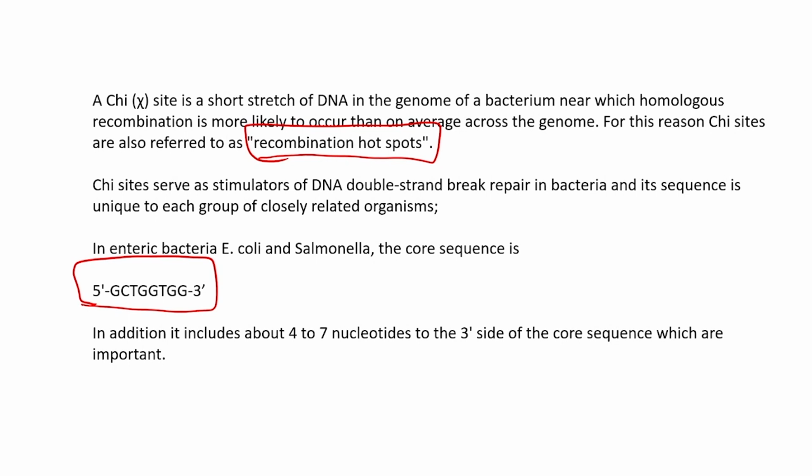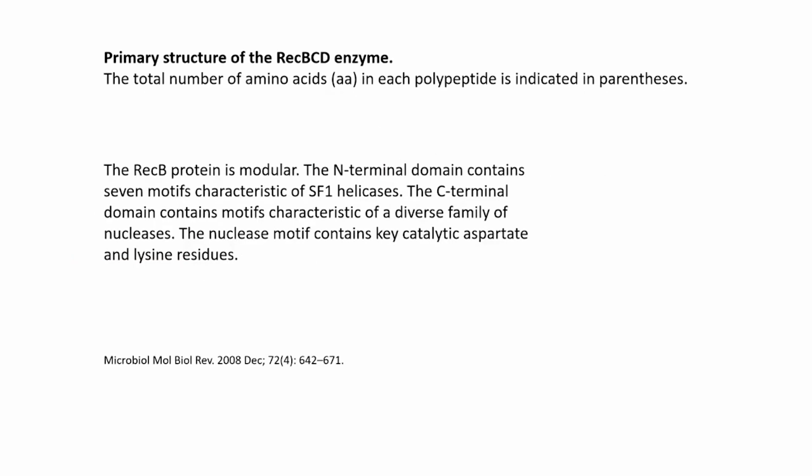In addition, it includes about 4 to 7 nucleotides to the 3' side of the core sequence, which play an important role. Let us examine the primary structure of the RecBCD enzyme. The total number of amino acids in each polypeptide will be shown in the figure, which we are going to study in the next slide.